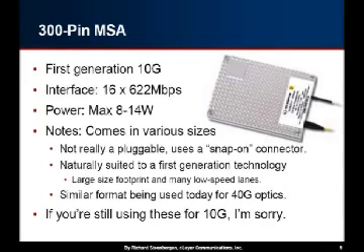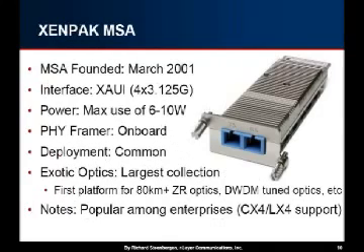And obviously that kind of format is suited to a first-generation technology. You're making use of the existing bus capacity that you have, the existing interface speeds. And in fact, we're still seeing the same kind of thing used today for 40 gig 300-pin MSA. But if you're still using these for 10 gig, very, very sorry. I have a pile of these in my basement if anyone wants them.